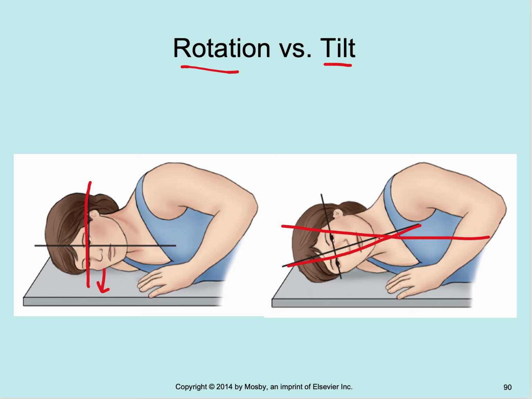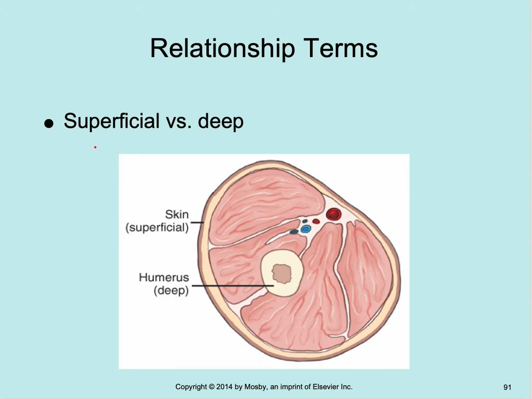We are actually tilted down towards the image receptor. So our interpupillary line is not perpendicular. Our sagittal line is not parallel with our image receptor. It has tilt. So superficial and deep, this should be simple.